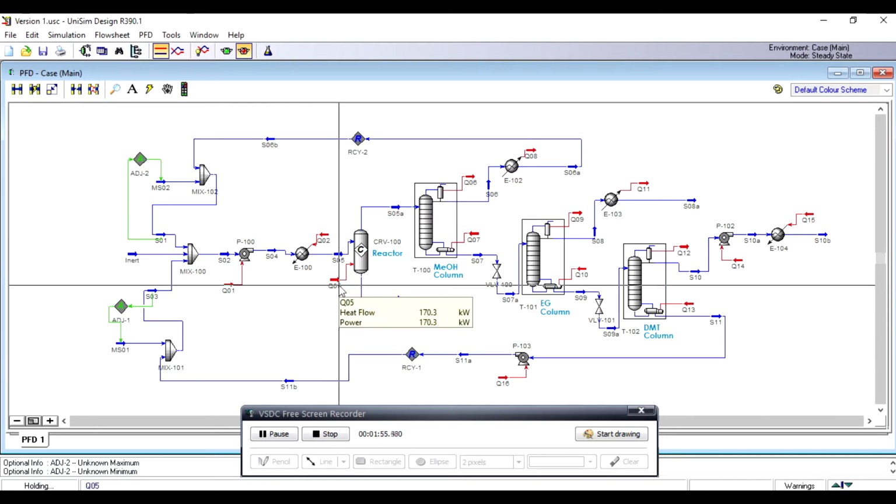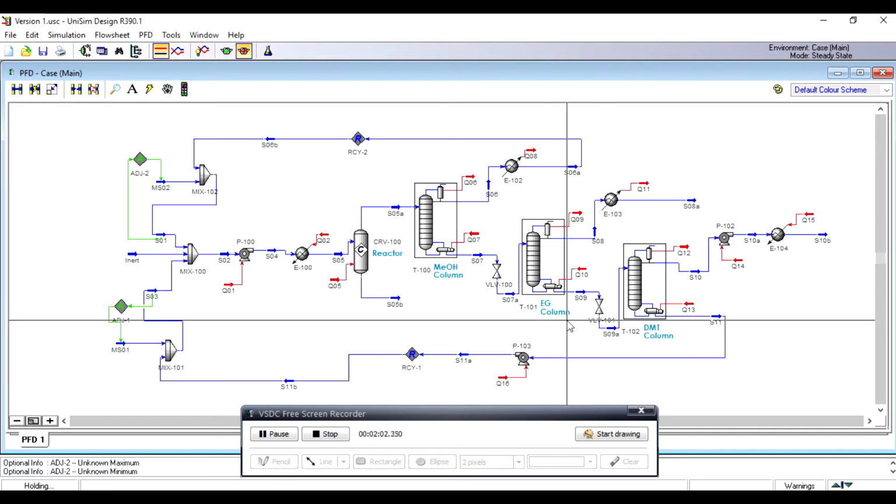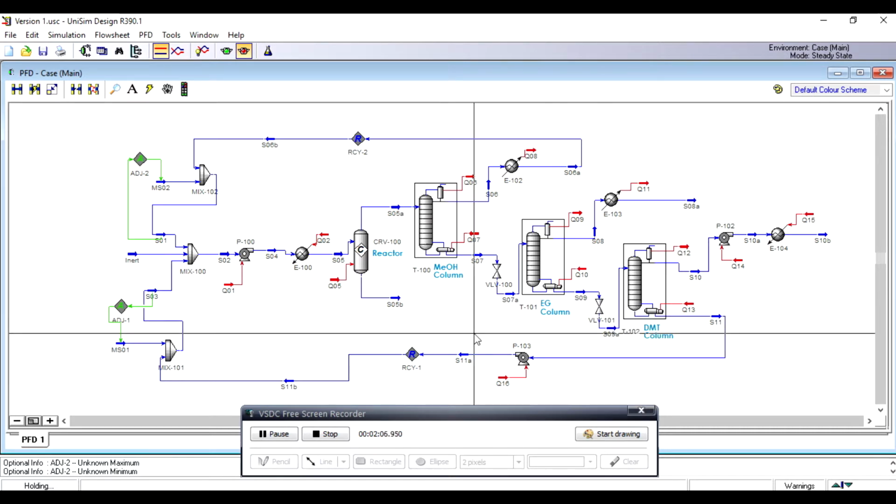To simplify the process, it is assumed that no other side reactions occur during the PET depolymerization process, and the only products are EG and DMT. The process flow diagram depicts the depolymerization of PET into DMT and EG in supercritical methanol.